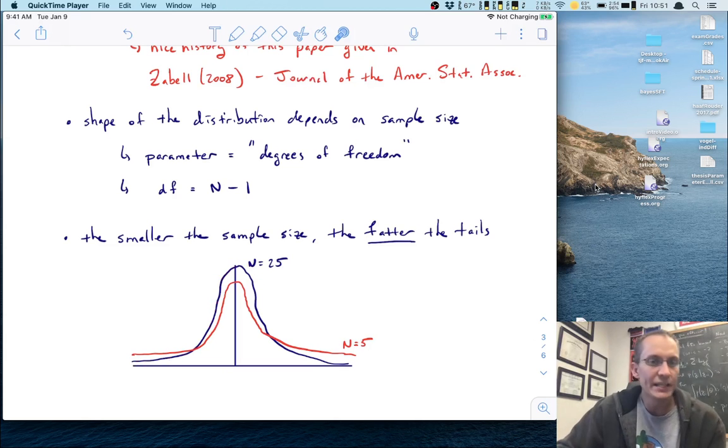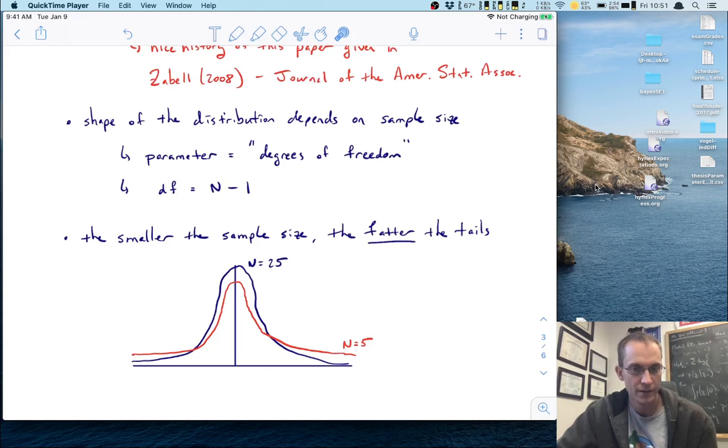That is the t-distribution, or at least my rendition of the t-distribution, for a sample size of 25. Okay. Consider next the red curve, which is this one right here. That is the t-distribution that results when the sample size is only 5, so it's a smaller sample size. And what you'll notice is that the tail regions are much thicker. We call that fatter tails out here for the red curve compared to the blue curve.